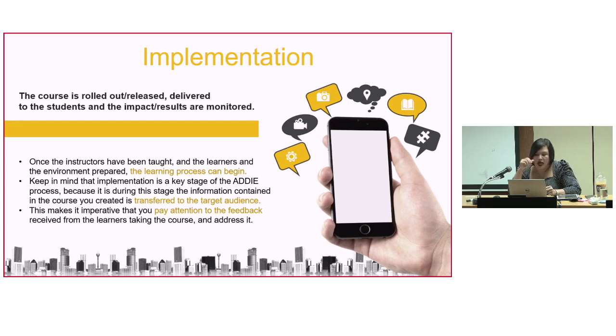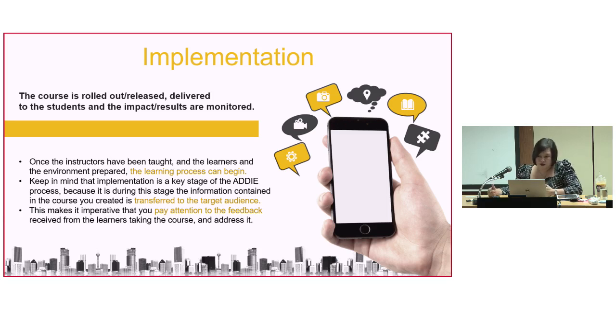Once the instructor has been taught, and the learners and the environment are prepared, the learning process can begin. In this step, you use your course. Sometimes it's a short course, sometimes a long course. After you develop your course, you have to use it.